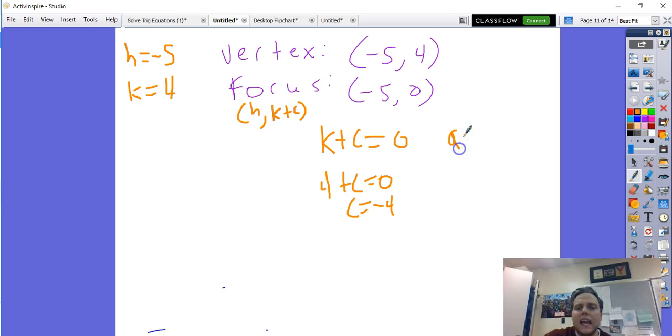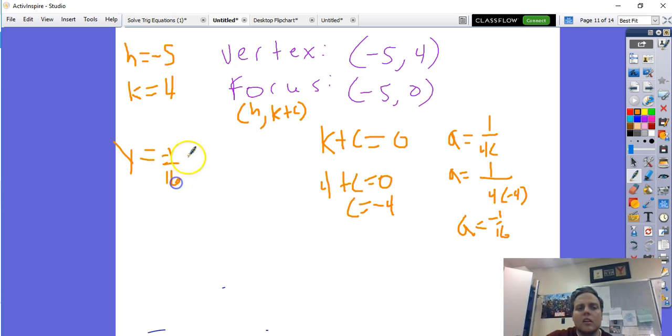Well, then I can find A by just saying 1 over 4C, and I just found that C was -4. Well, then I can multiply and I get A is equal to -1/16. Boom! So then I'm ready to plug in. I can say Y is equal to -1/16 times x minus H. Now wait.